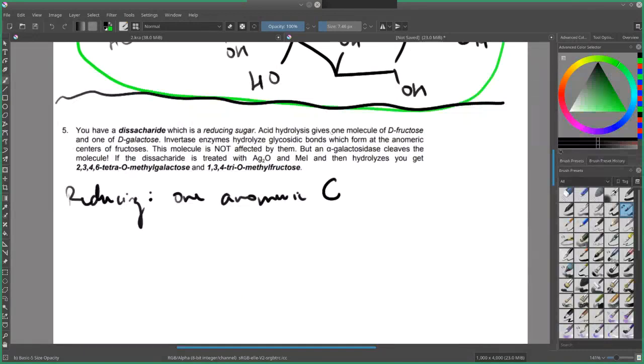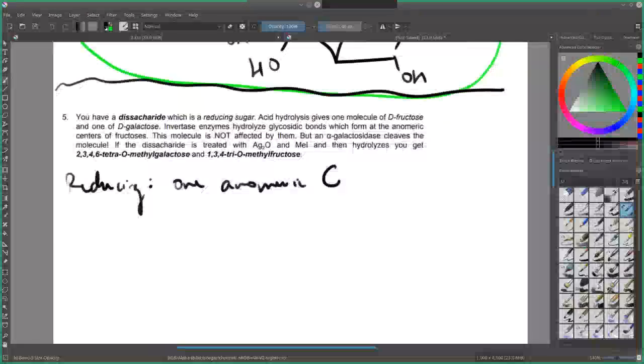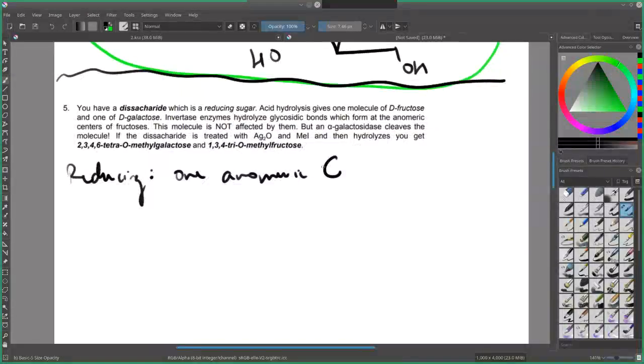Let's see. Acidic hydrolysis gives one molecule of D-fructose and D-galactose. All right, so we're not working with glucose anymore. So how about I draw the structures of what those actually are?